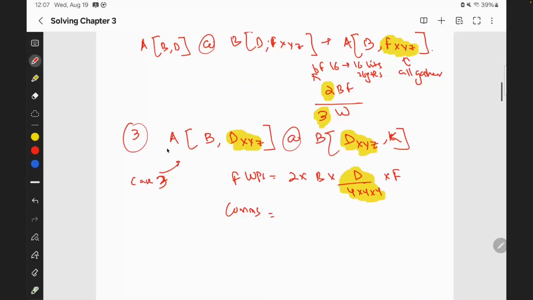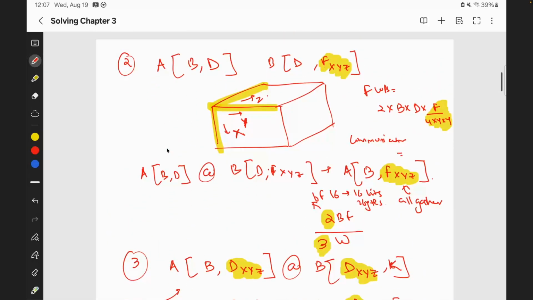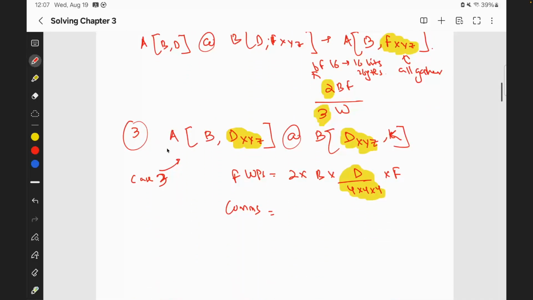So whatever all gather price we paid earlier, we are just going to pay 2 times the price of that. So it will be 2 into 2 into bf by 3 into the bandwidth.